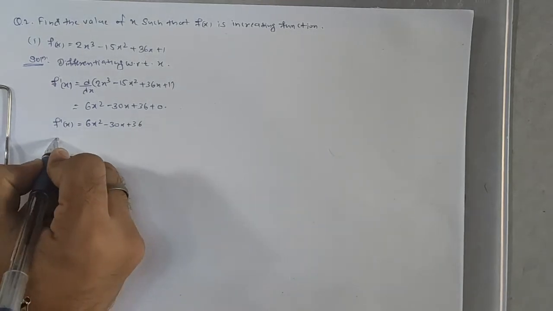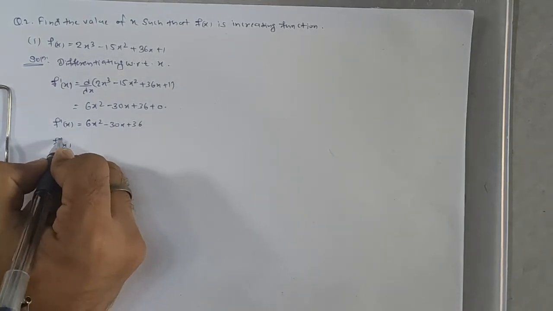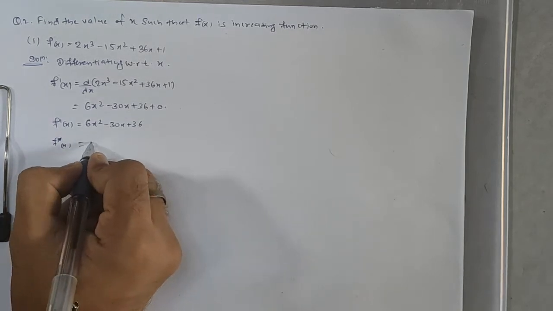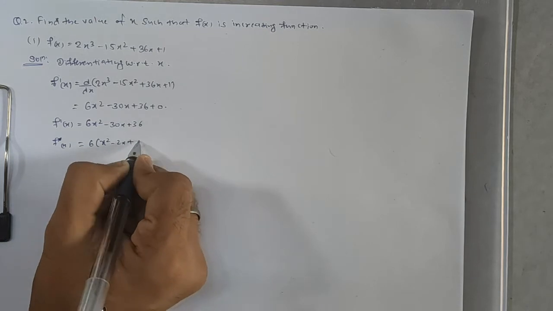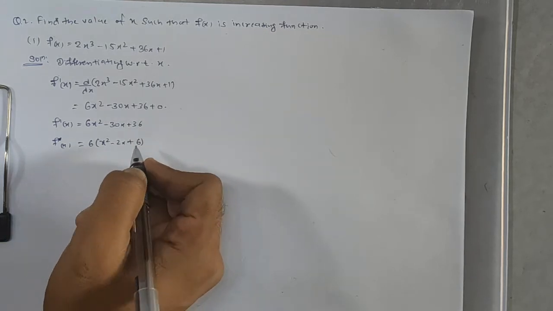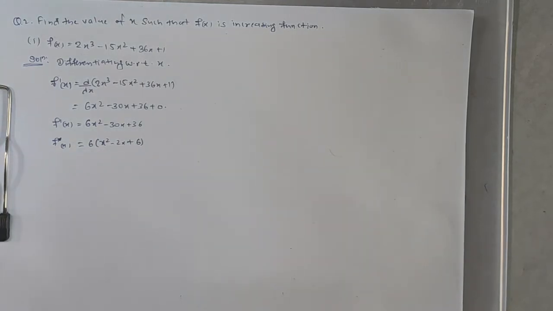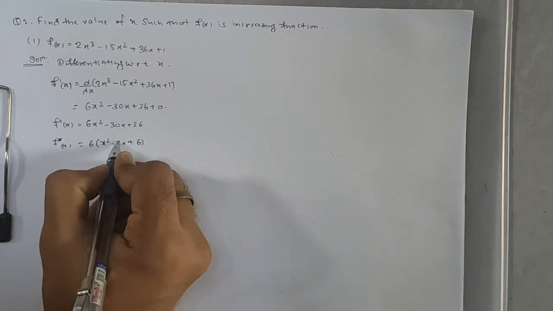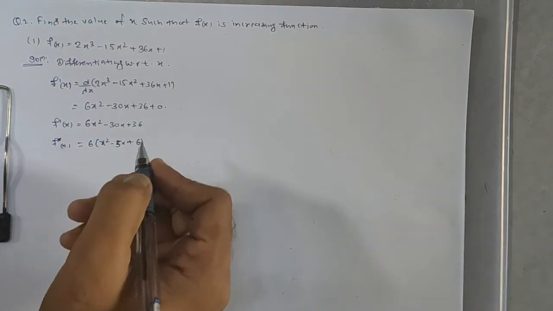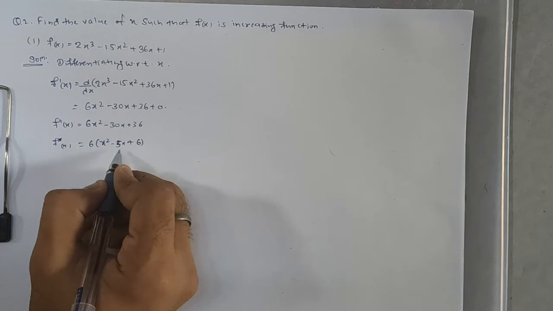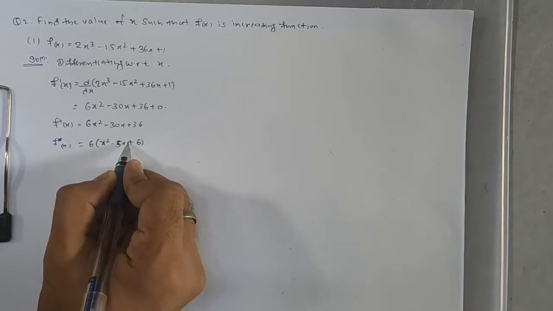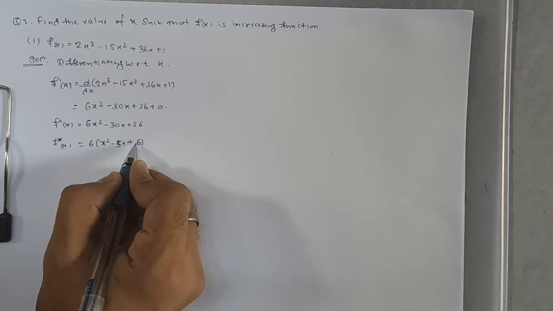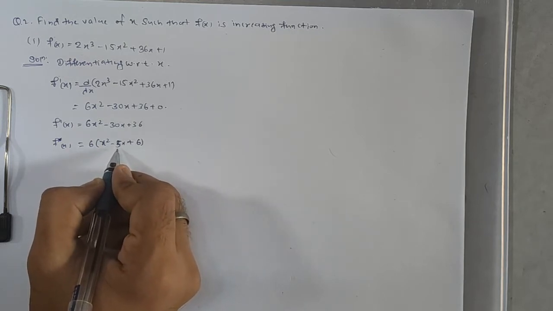Now we can take 6 common. So f dash of x will be 6 into x square minus 5x plus 6. Sorry, this will be 5, since 6 into 5 is 30. Now this is a quadratic equation. We will find two factors of 6 such that their addition will be 5.